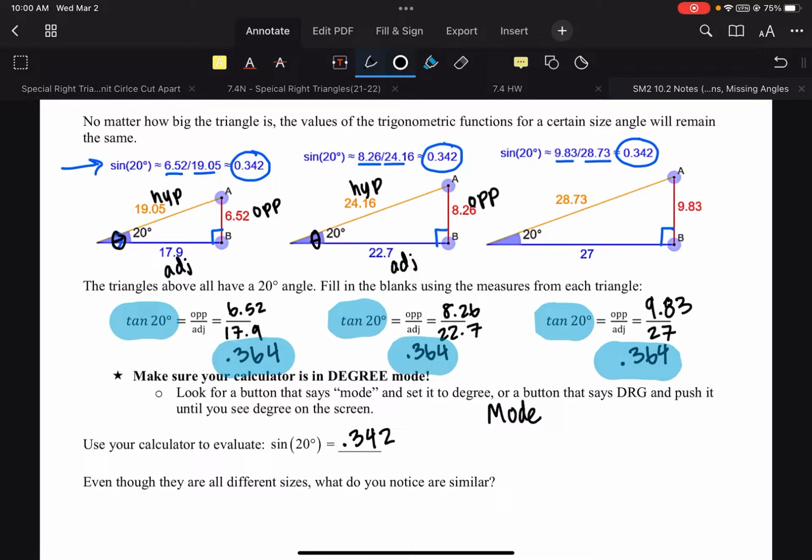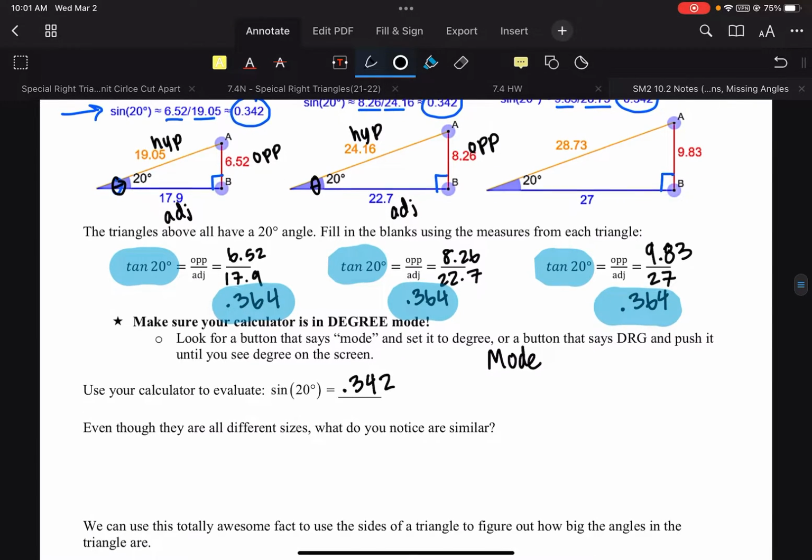So go over to degree, hit enter, and then hit clear just to X out of that screen. Once you're in degree mode, your calculator should give you 0.342 for the sine of 20. Okay. If you're having trouble with this, hit pause, ask someone next to you, or ask the teacher, how can you get your calculator into degree mode? Do not use your phone calculator for this. I would not use my phone calculator for doing any sort of sine, cosine, or tangent.